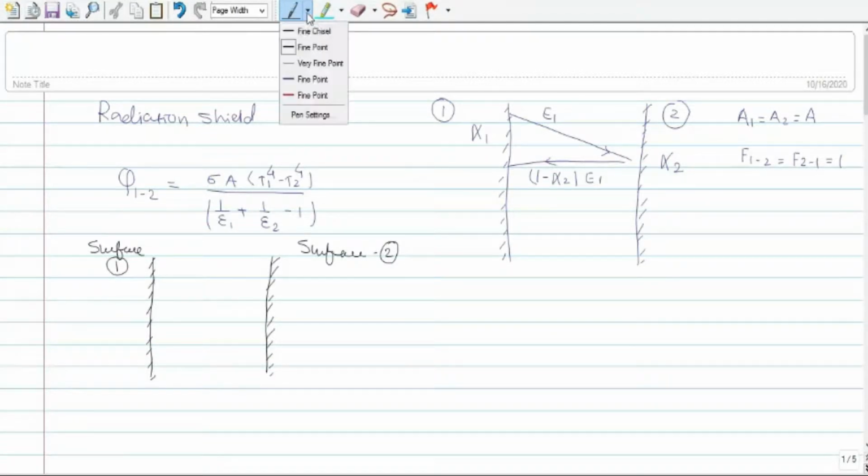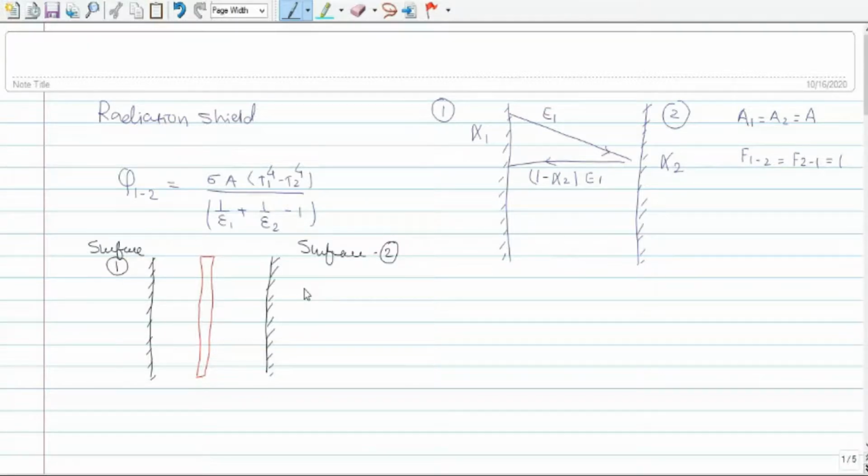Now I'm going to put one sheet over here in between surfaces 1 and 2, and this sheet is plastic coated with highly reflective material. So what exactly are the situations when I put this kind of sheet? The characteristic of this sheet is that it is plastic coated with highly reflective material.